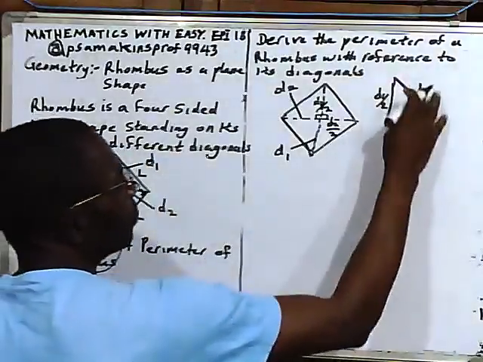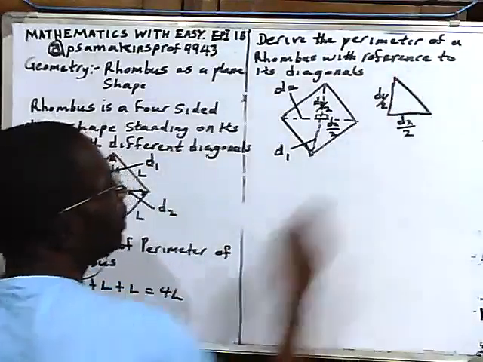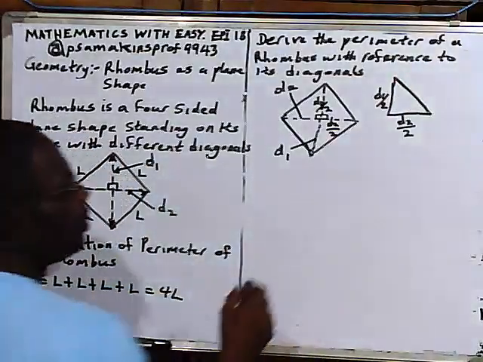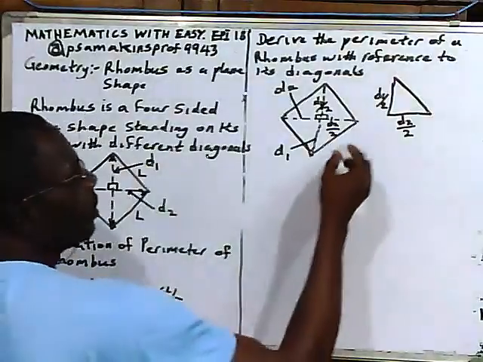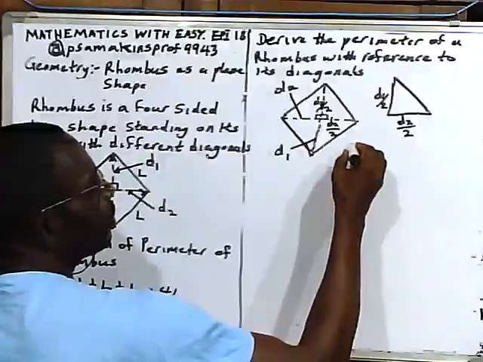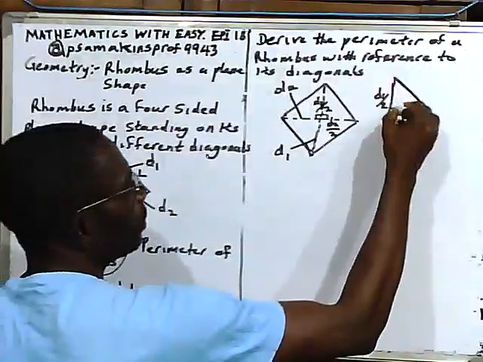When we want to find the L now, using Pythagoras theorem. Pythagoras theorem says that this is the hypotenuse.